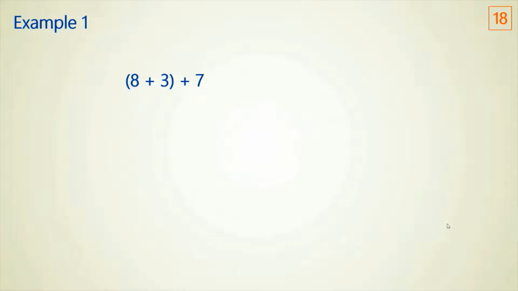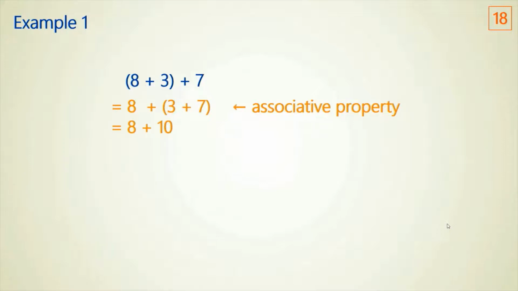So in this expression, using associative properties can be rewritten as 8 plus parentheses 3 plus 7 close parentheses. Now here we compute 3 plus 7, which gives us a 10. 8 plus 10 is 18. The result is the same as what we have in the top right corner.